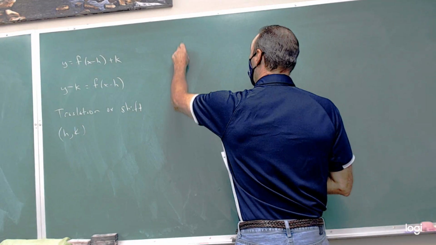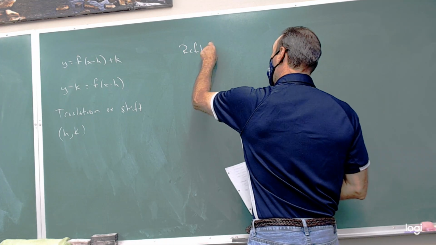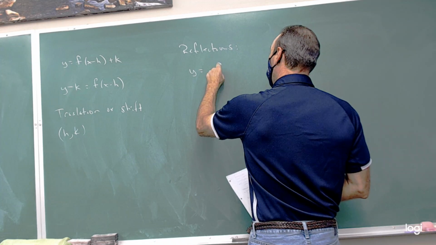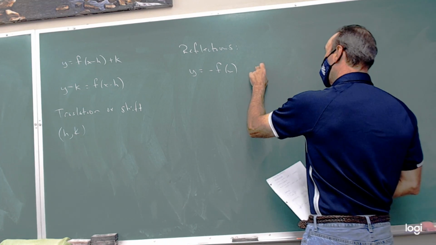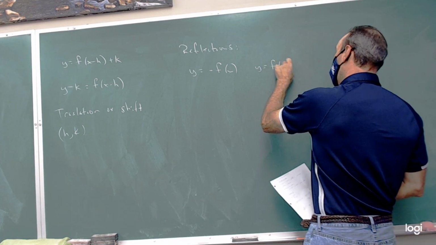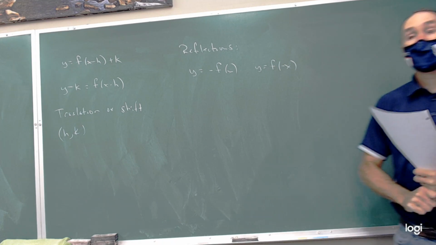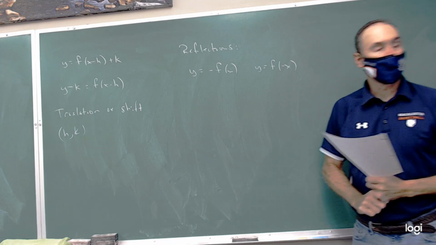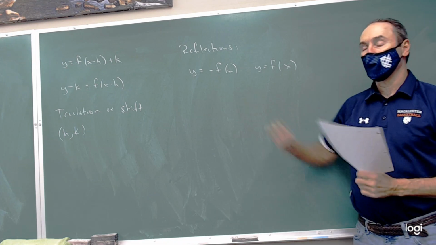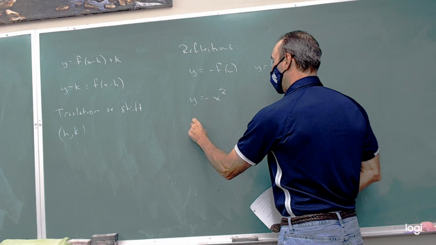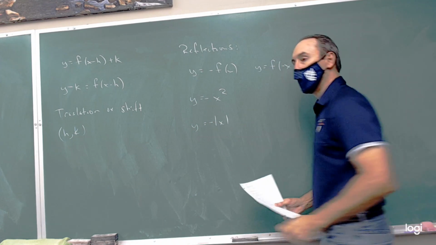So we also know reflections from our past. So we can either have a y equals negative f of x or a y equals f of negative x. And these are easily confused, but we'll try to keep them straight. So when you multiply by the negative, think, for example, of a negative x squared or a negative absolute value of x.